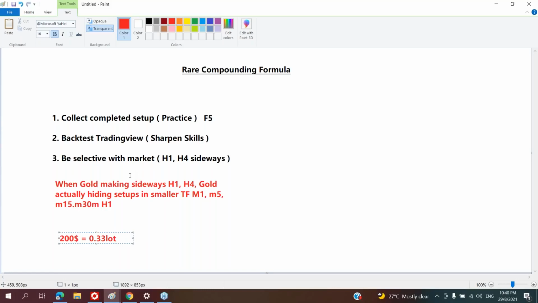And this is the rare compounding. I don't know what type of compounding you're going to start with.